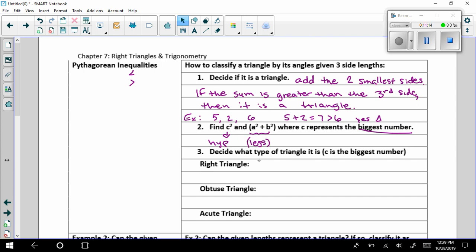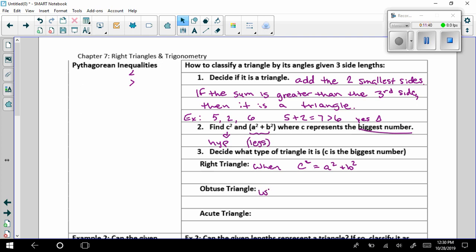So we use the legs for that, your two shortest sides. And we compare them. When c squared is equal to a squared plus b squared, we already know that it is a right triangle because we've already talked about the Pythagorean theorem. So does it satisfy the Pythagorean theorem? If so, then it is a right triangle.